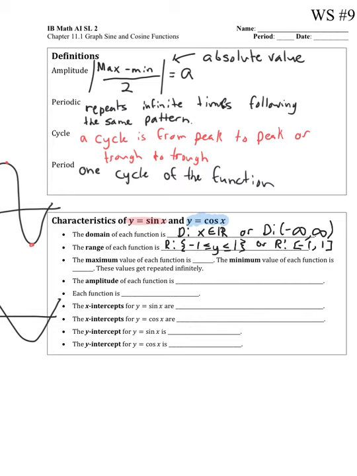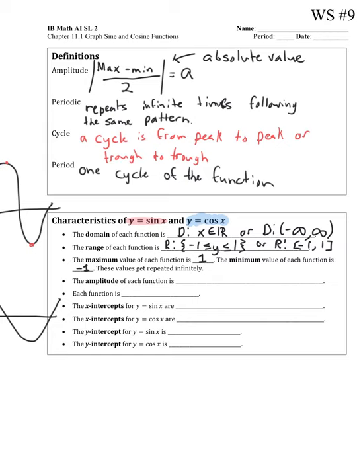So the range always stays between those values of 1 and negative 1. Always, always, always. The maximum value of each function is 1, and the minimum value of each function is negative 1.